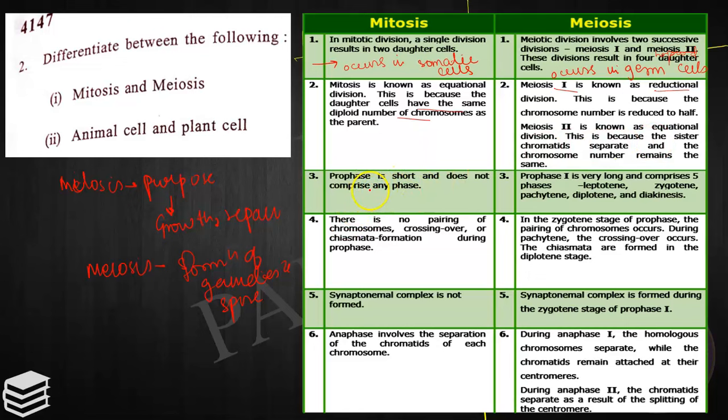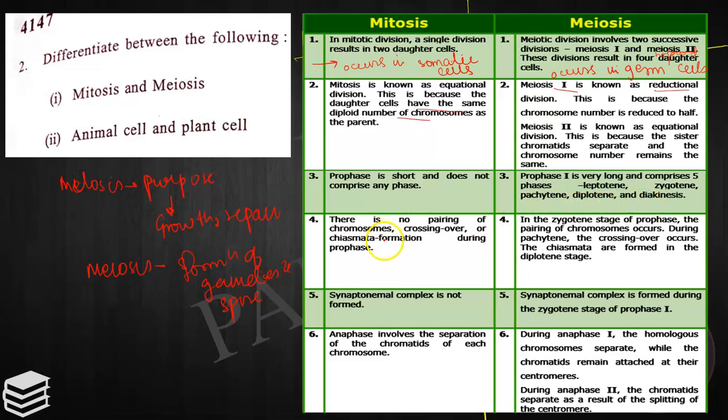What happens in mitosis? In this, prophase is short and it is not subdivided. It does not have substages, but in meiosis, prophase 1 is very long and it contains 5 stages: leptotene, zygotene, pachytene, diplotene and diakinesis.